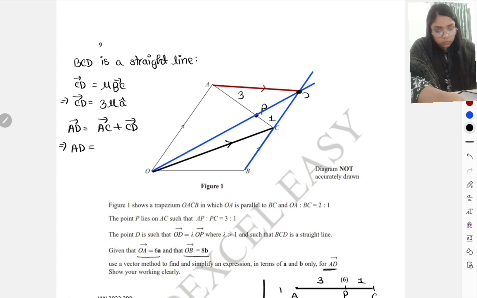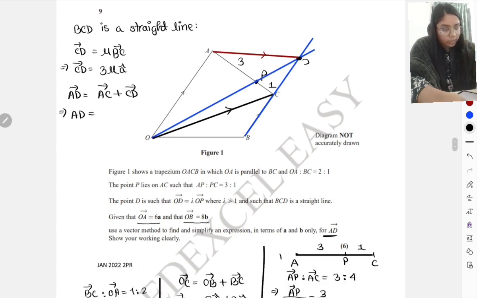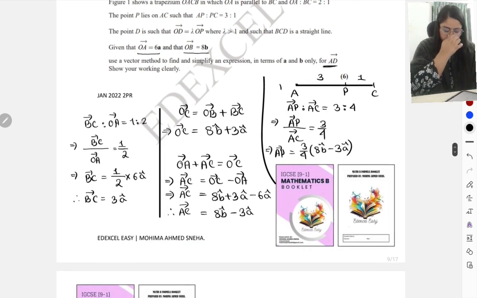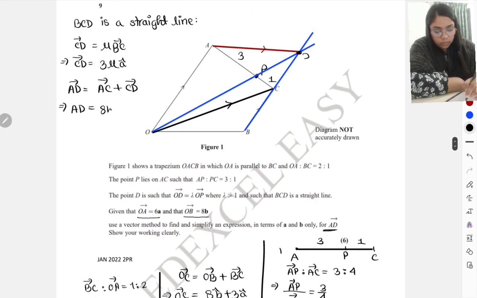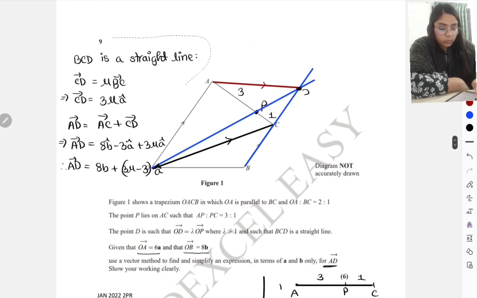So AD is going to be, AC was 8b minus 3a, and that's going to be plus 3 mu a. Finally, you can write 8b plus 3 mu minus 3a. Okay, so this is the second expression. I'll carry this to the given space over there.